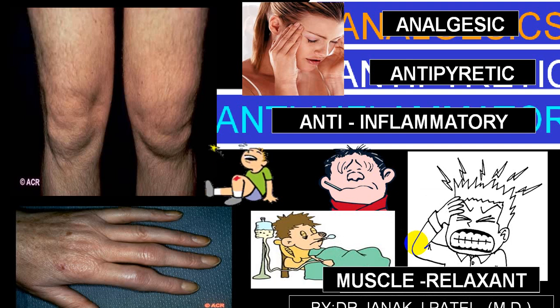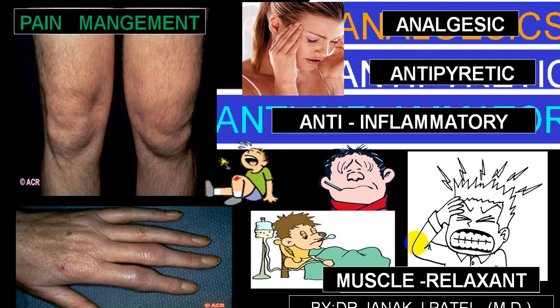You use what we call a muscle relaxant to reduce your spasm and to reduce your pain. So these are all the materials which will be utilized in pain management.